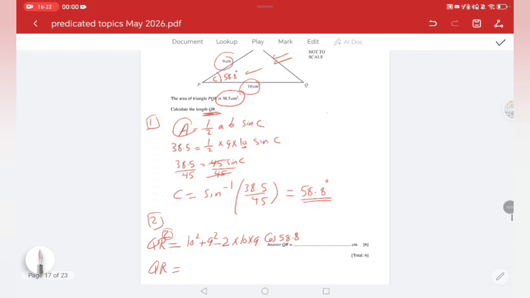So 10 squared is 100, plus 81, minus 2 times 10 times 9 cosine 58.8, gives 87.8. We need to find the square root of the answer, so QR will be 9.37, three significant figures.